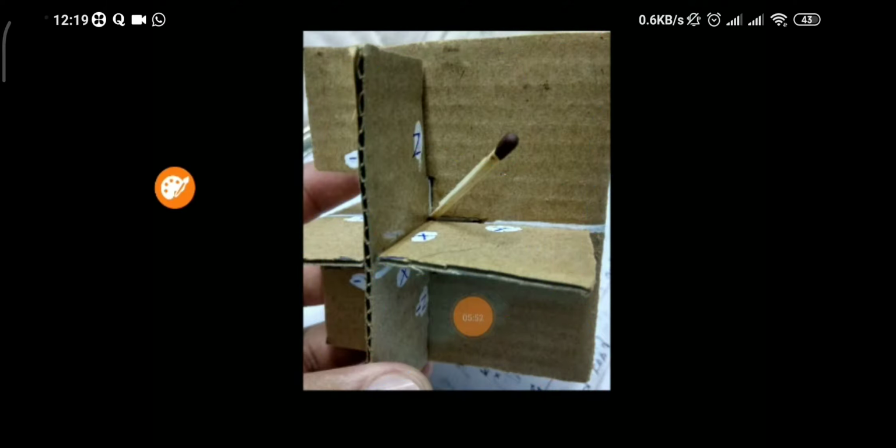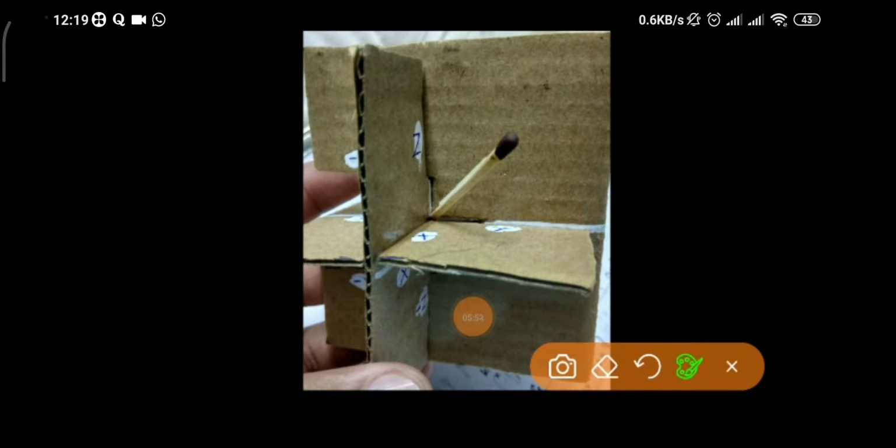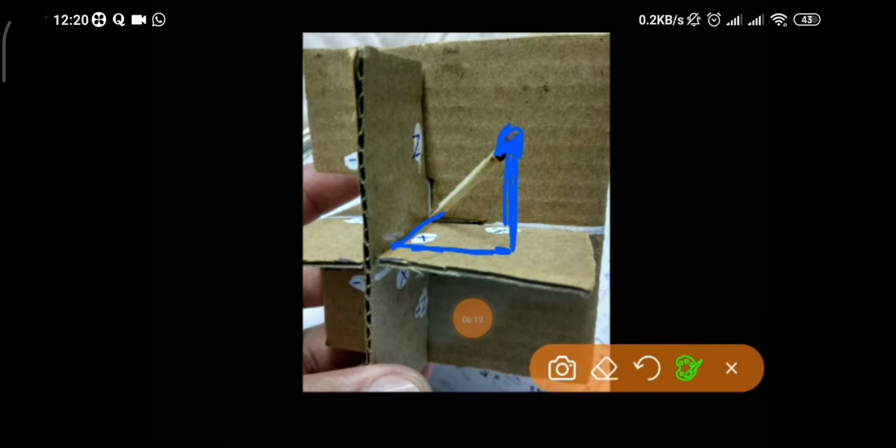Now let's look at only this. Look at this point. This is our point. So to reach this, I have to move along the X direction like this, in the Y direction like this, and in the Z direction like this to reach this point. And this is called our first octant. Why octant?